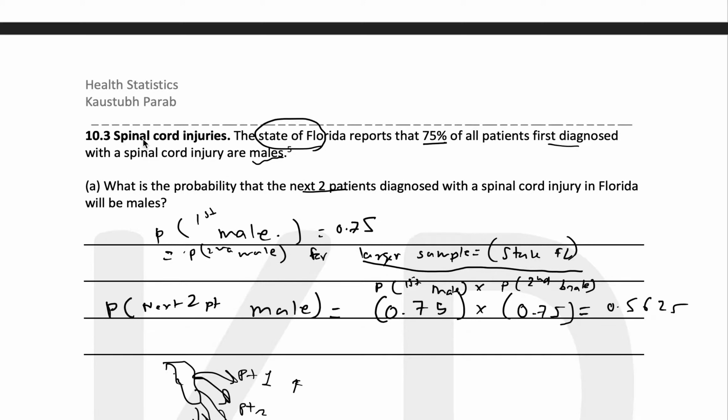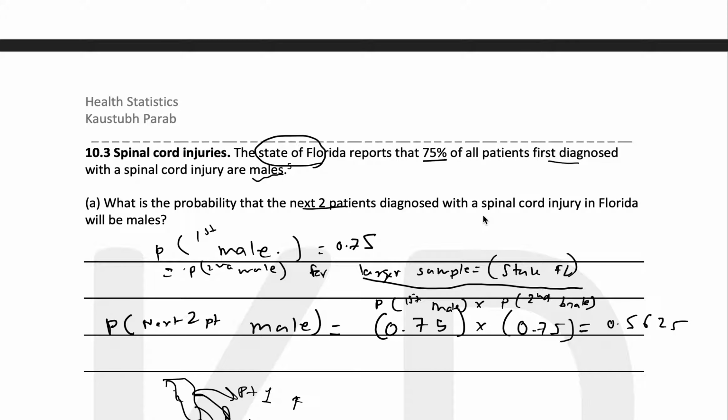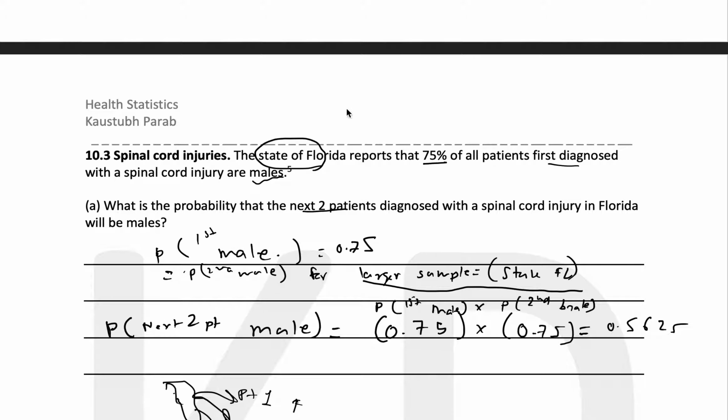In part A, they are asking what is the probability that the next two patients diagnosed with spinal cord injury in Florida will be male. So let's derive that. This is the number given to you, 75% diagnosed with spinal cord injury are male. So we know that the probability of being male is 0.75.